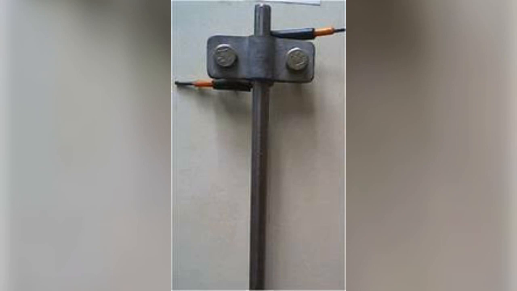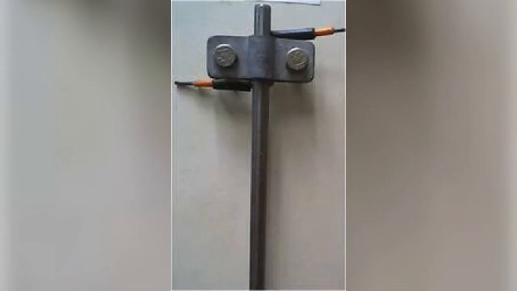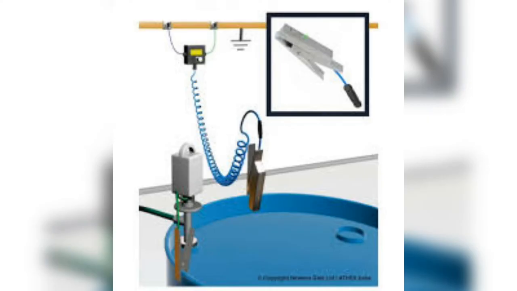Everything depends upon the company and its ISO standards. These things are also discussed in the ISO: proper grounding is safe for us and also for devices operating at high or low voltage.